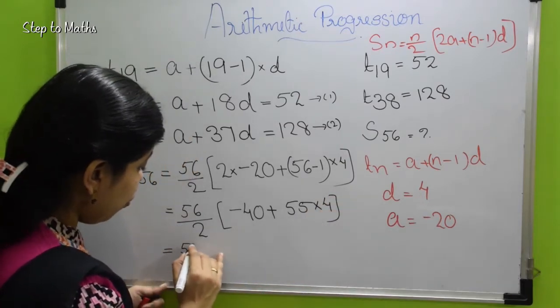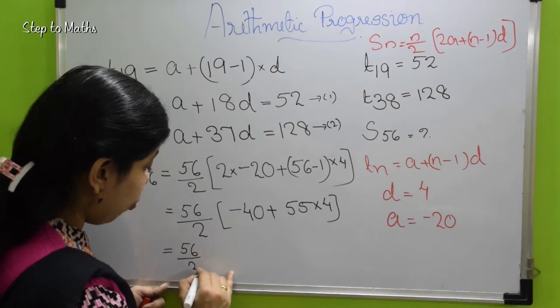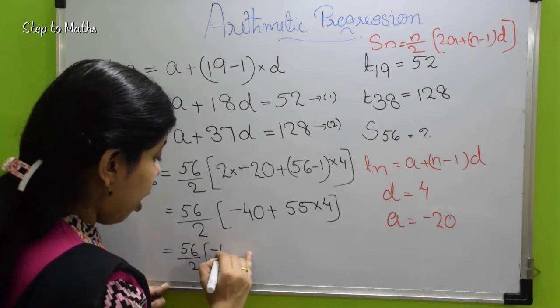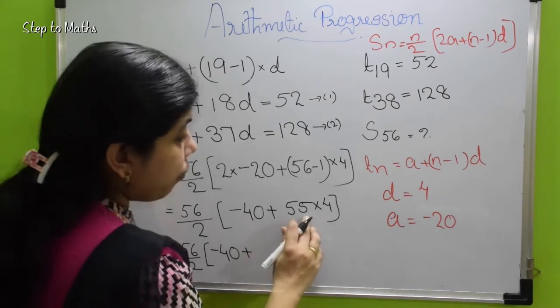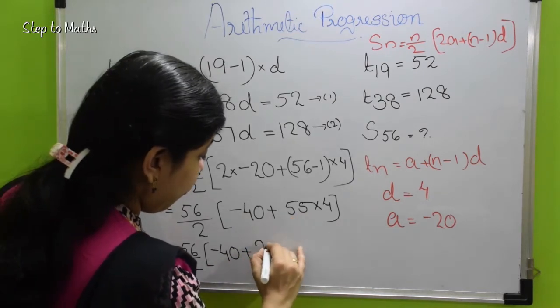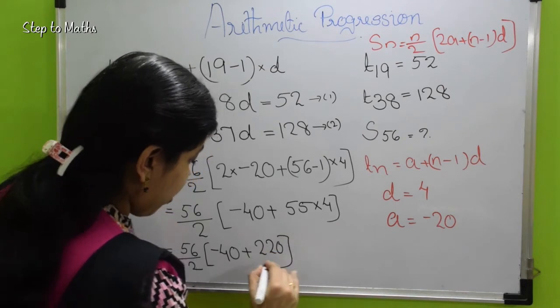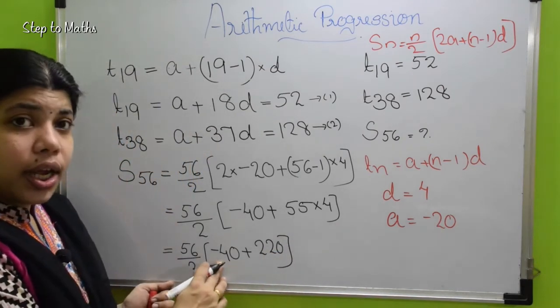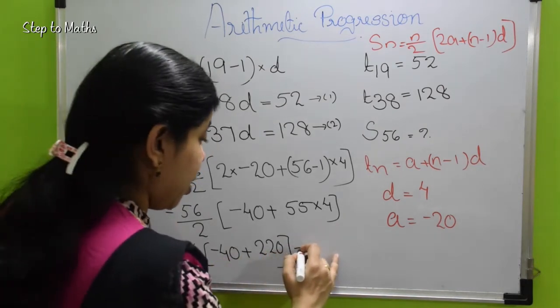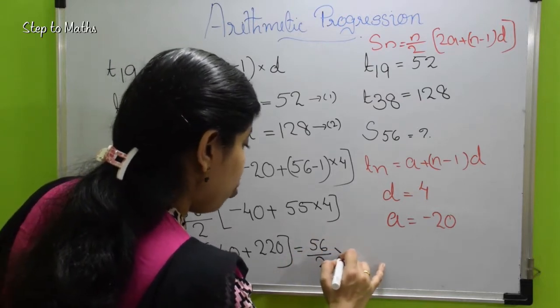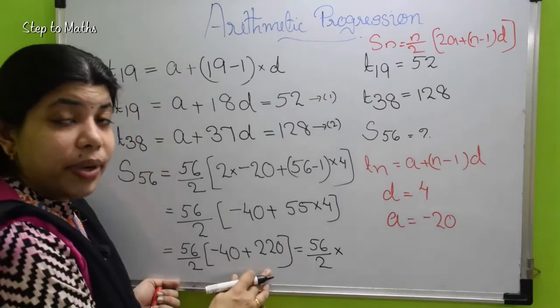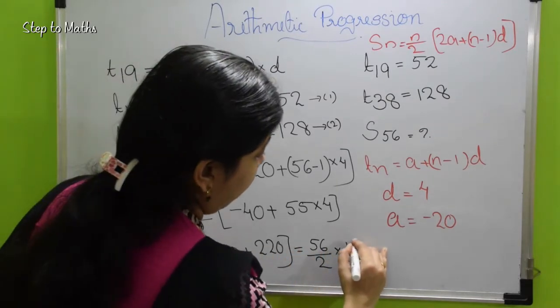That is 56 upon 2 into minus 40 plus 220, which is 180.